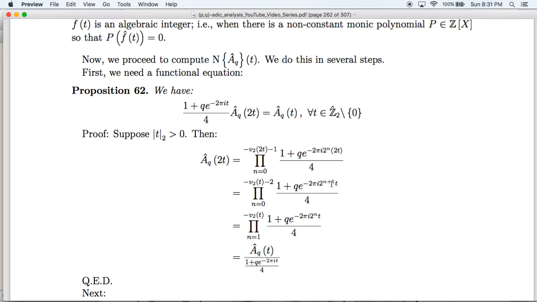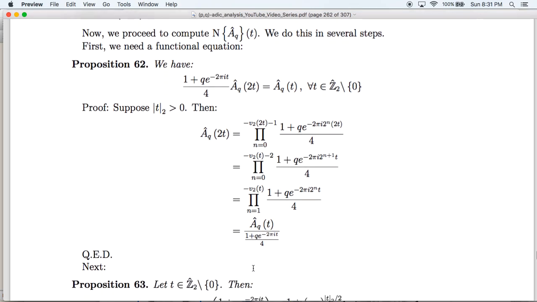We then decrease n by 1 to increase n in the lower and upper limits by 1. There should be a minus 1 here, and then all we're missing is the n equals 0 term, and that gives us that, and we multiply on both sides to get the identity.